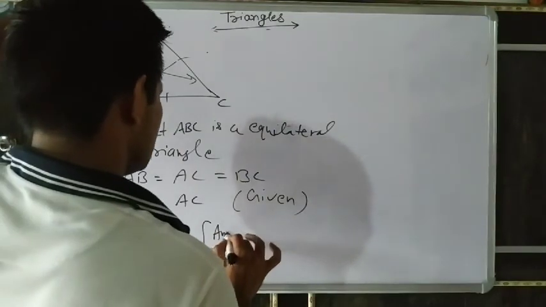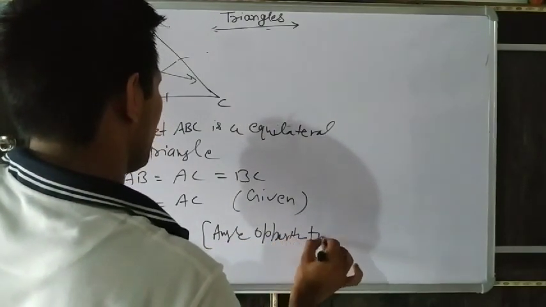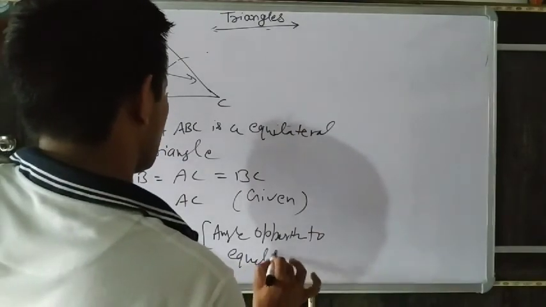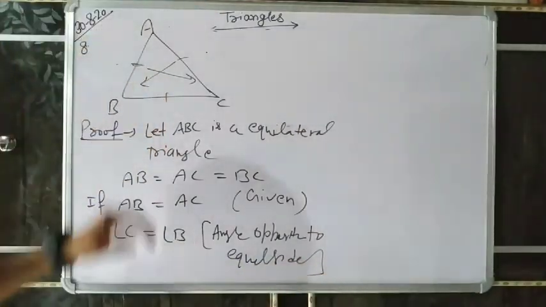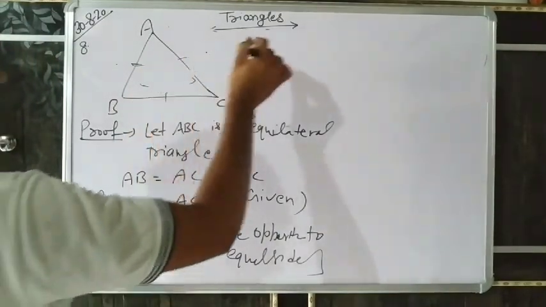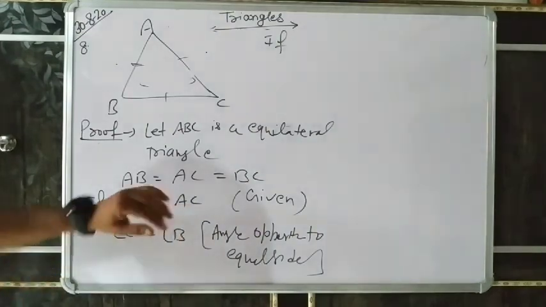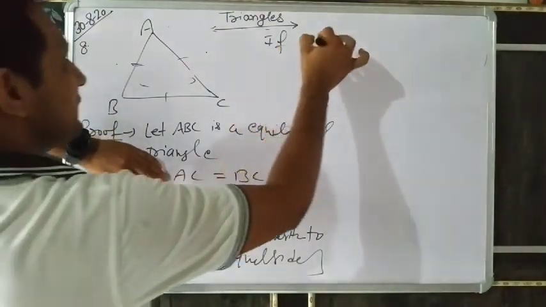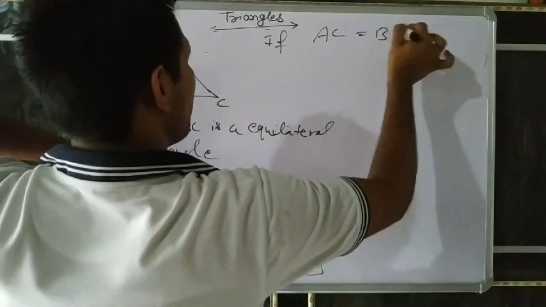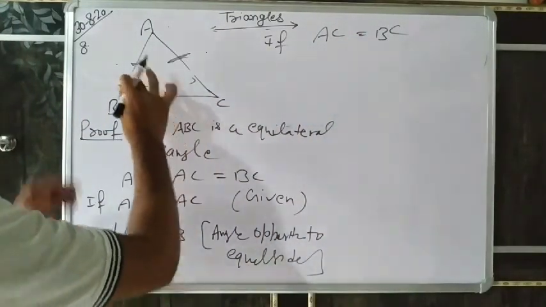Why? Angle opposite to equal side. Understand? Second, now we will do, if any two sides you can take. Here AB equal to AC, now AC equal to BC.